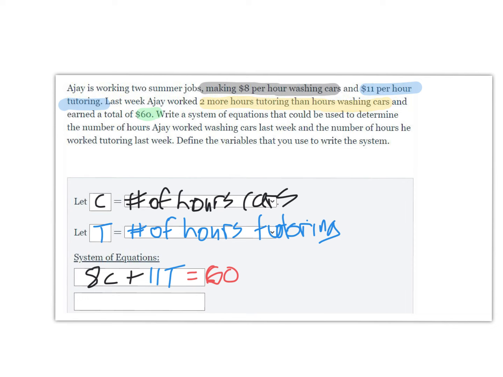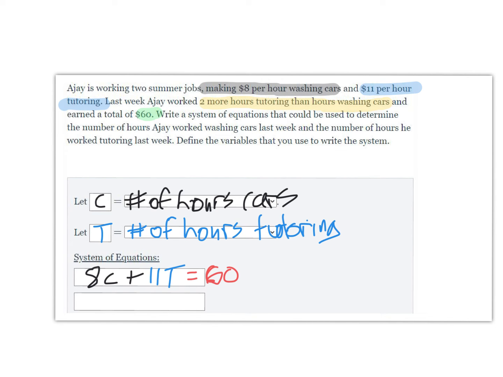Then, this is the challenging one. It says he worked 2 more hours tutoring than hours washing cars. So ask yourselves, which one did he work more, tutoring or washing cars? Well, he worked 2 more hours tutoring. So he did more hours tutoring, and how much more? Well, 2 more hours than washing cars.